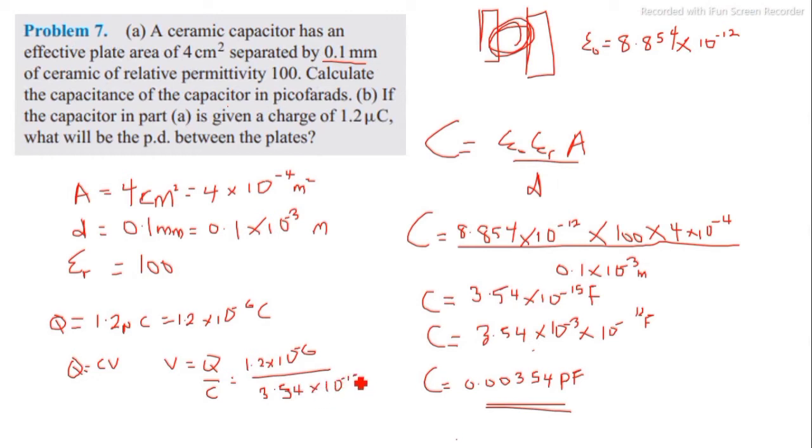If you calculate this, your V will be equal to 1.2 divided by 3.54, that's 3.4 times 10 to the power 8 volts. So that's the potential difference between the plates, 3.8 times 10 to the power 8.